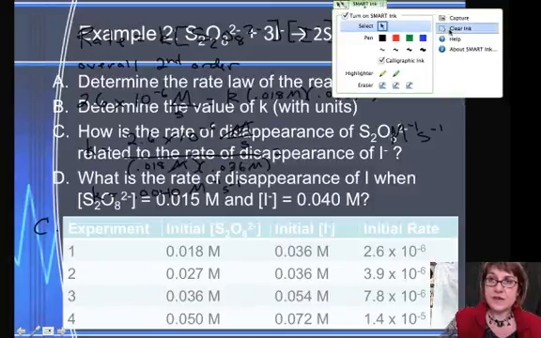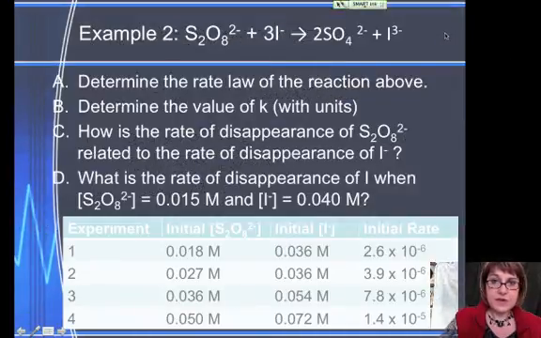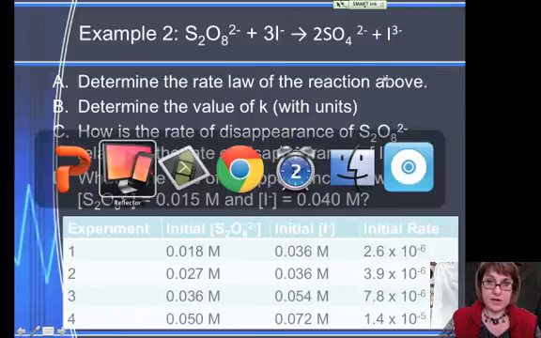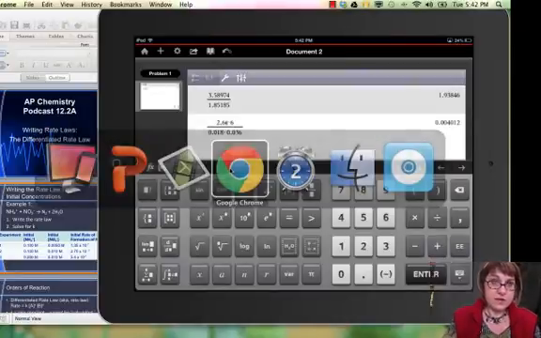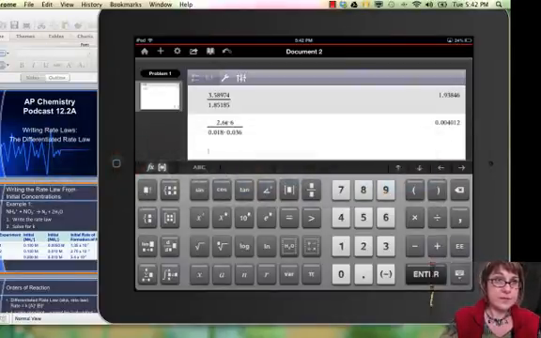Part C is asking, how is the rate of disappearance of thiosulfate related to the rate of disappearance of iodide? Well, in this case, we simply have to look to stoichiometry.